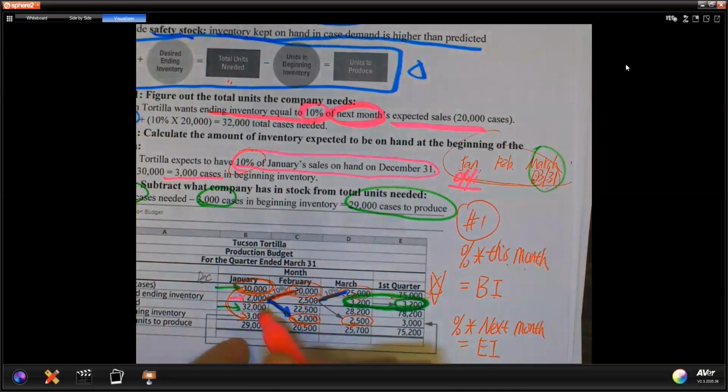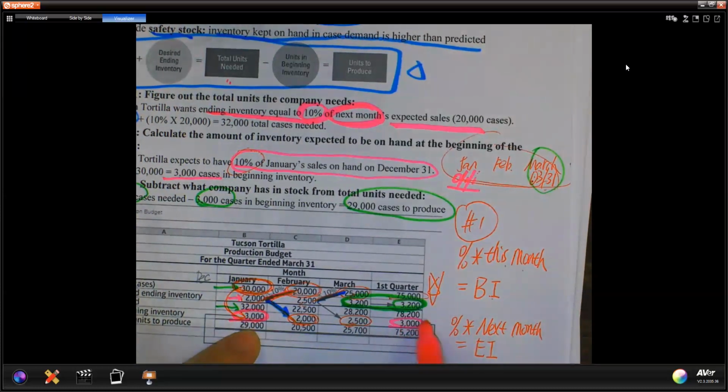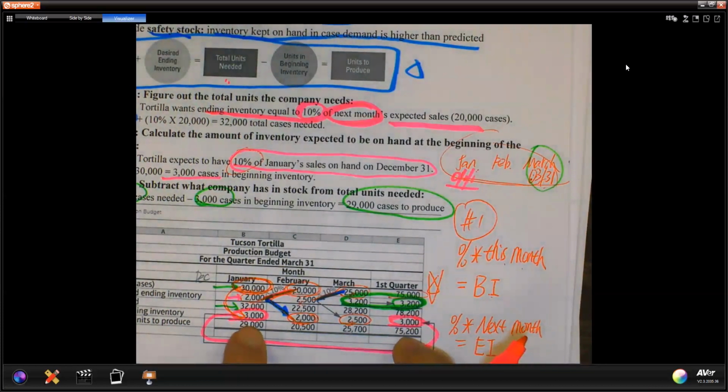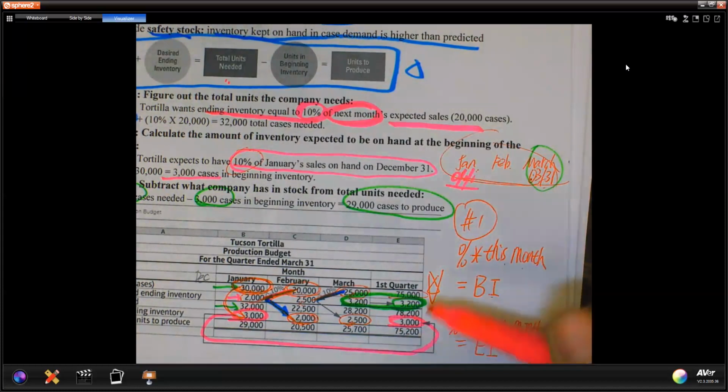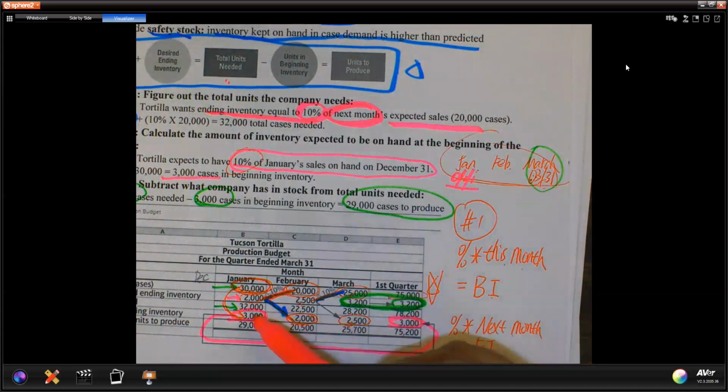So now you have your quarter's sales plus ending inventory, which is also March ending inventory. That gives the units you need, minus beginning inventory, which is also the beginning inventory of January, to get the units you have to produce. You say, oh my goodness, I'm kind of lost.